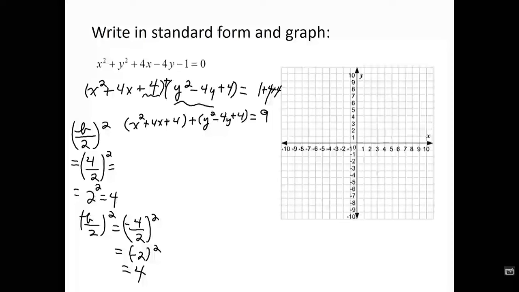All right, we have a perfect square trinomial upon completing the square. Let's factor this. If we factor the perfect square trinomial, we get (x + 2)², plus, again, if I factor this perfect square trinomial, we get (y - 2)² = 9.